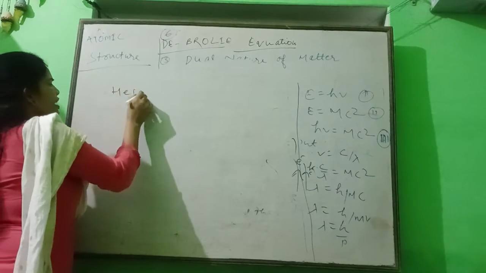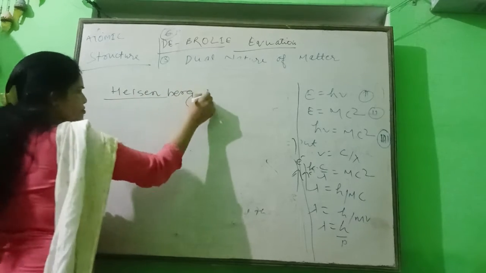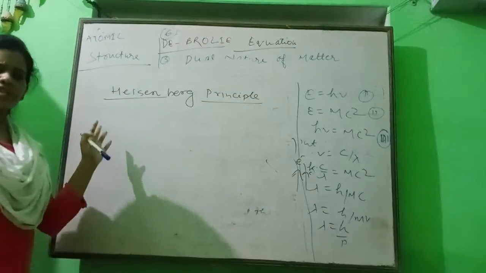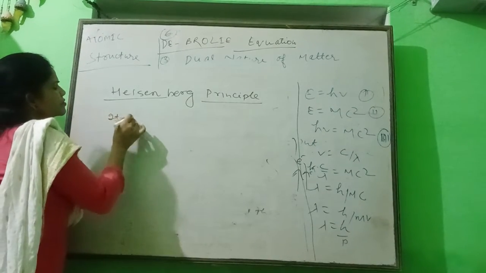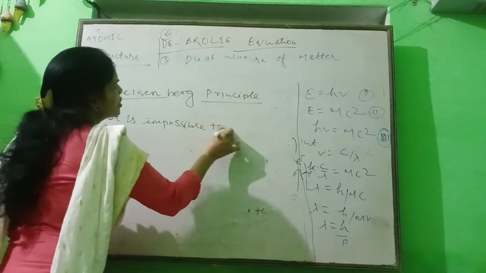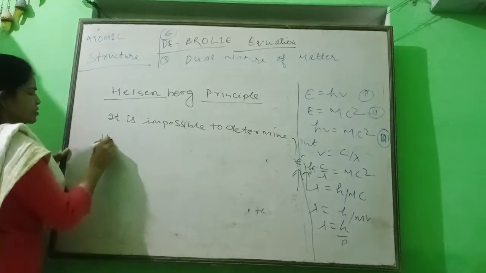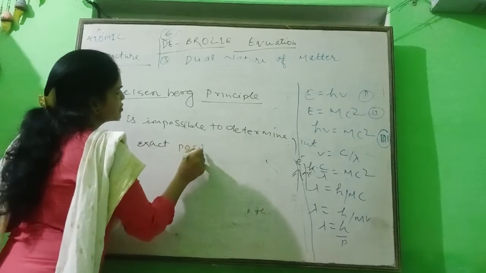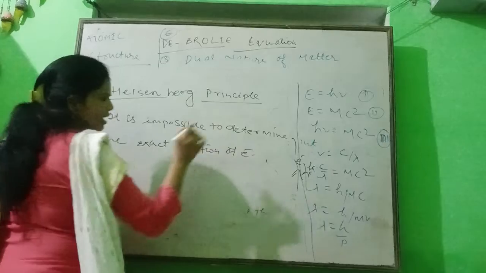Now come to the Heisenberg principle. According to the Heisenberg principle, it is impossible to determine the exact position of the electron.